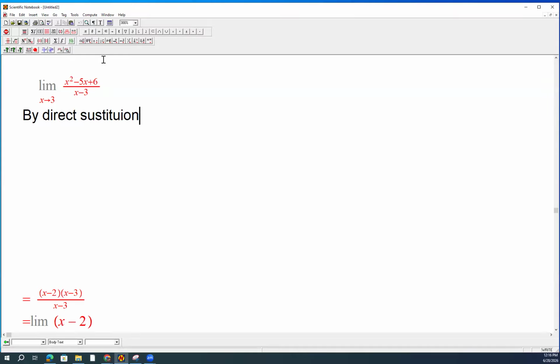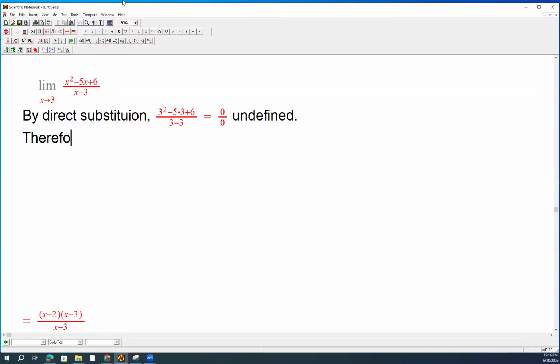You should not put this equal to that because they're not equal. By direct substitution, we get this, and the 0 over 0 is undefined. Then you say, therefore, we cannot do direct substitution.